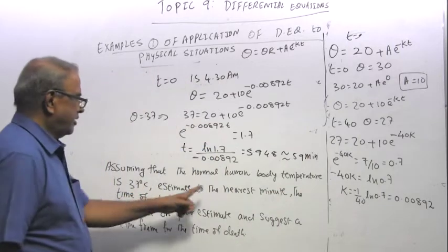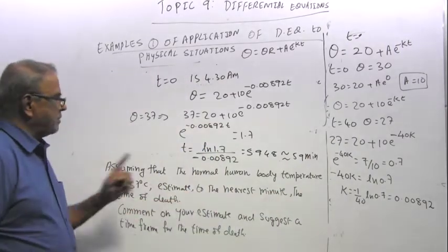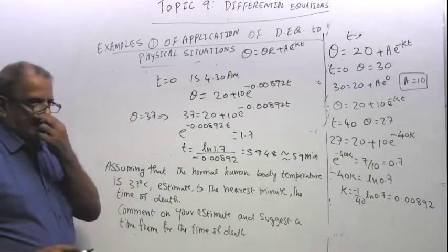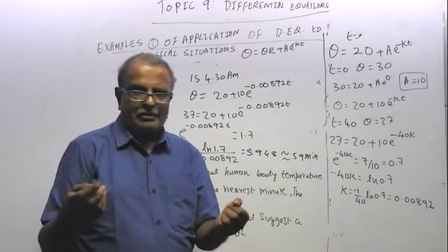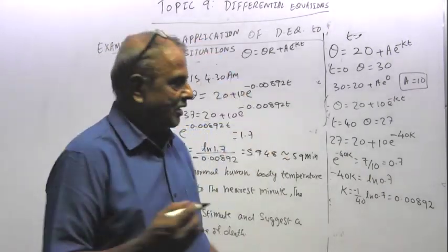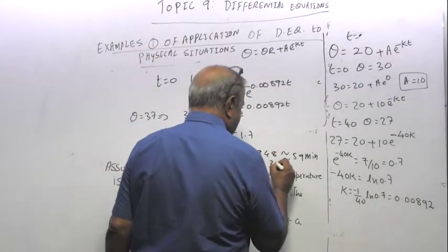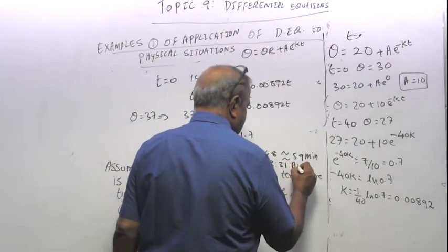Find to the nearest minute the time of death. So 4:30, 60 minutes back is 3:30, 59 minutes is 3:31. So 3:31 a.m.